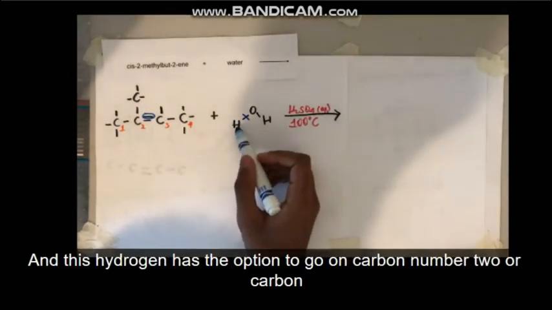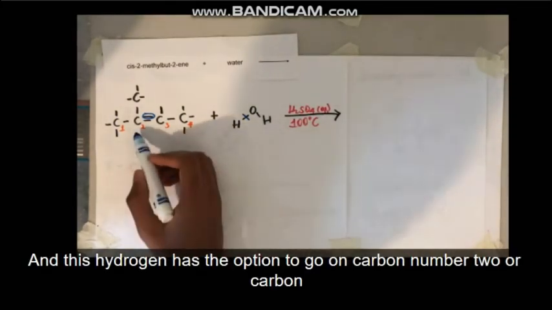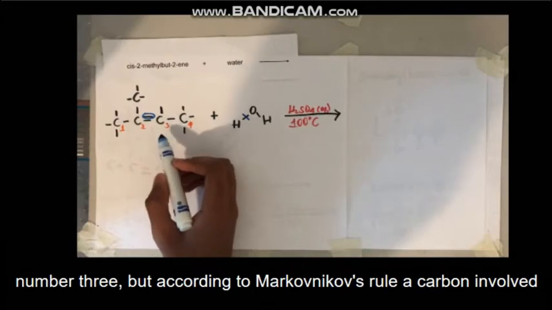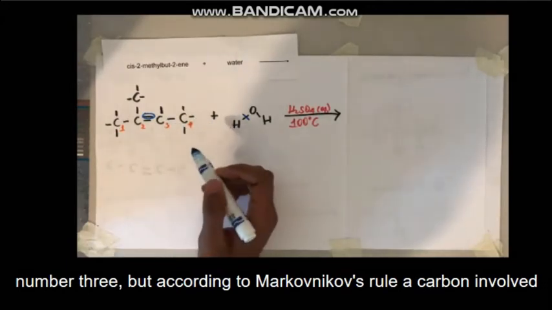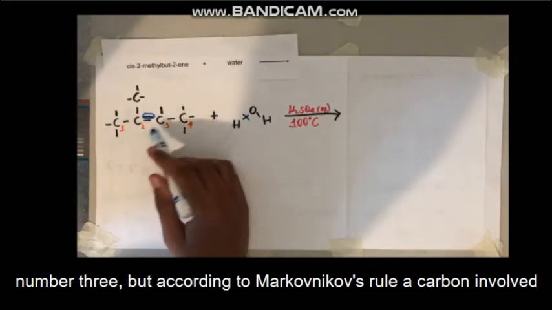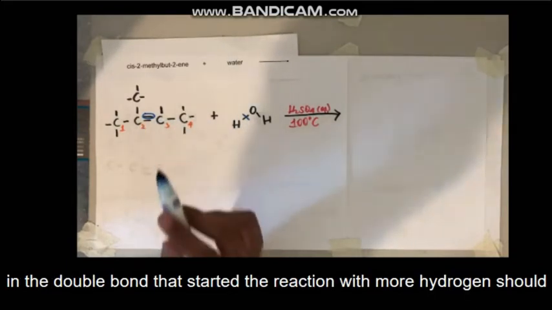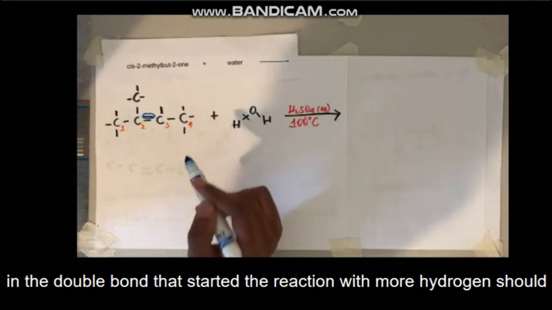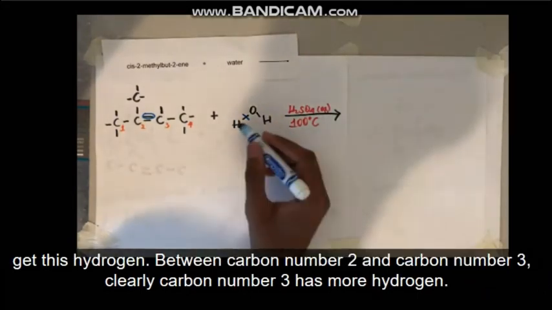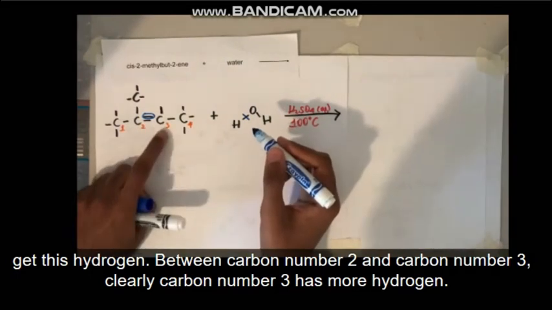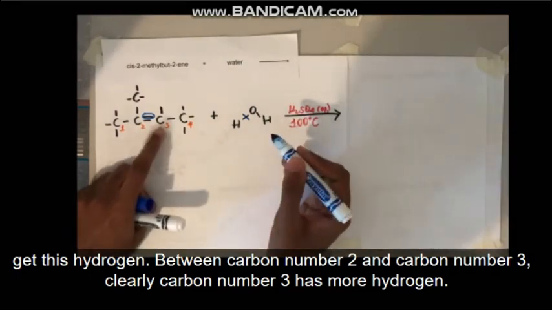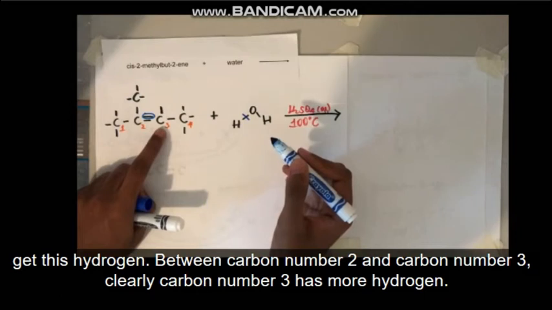And this hydrogen has the option to go on carbon number 2 or carbon number 3. But according to Markovnikov's rule, a carbon involved in the double bond that started the reaction with more hydrogen should get this hydrogen. Between carbon number 2 and carbon number 3, clearly carbon number 3 has more hydrogen.